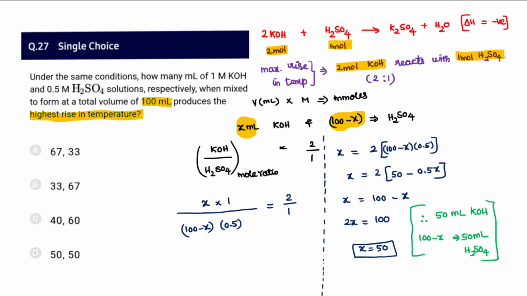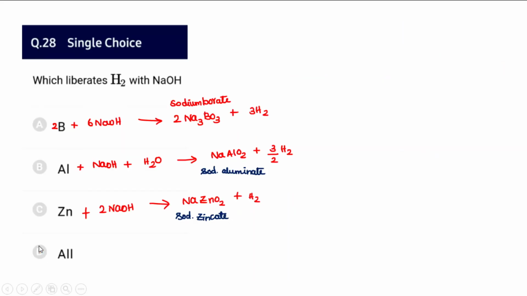Then we get it equal to 2 by 1. By solving for X, we get 50. So 50 mL of KOH and 100 minus X, which is again 50 mL of H2SO4. So D is the perfect option for it.